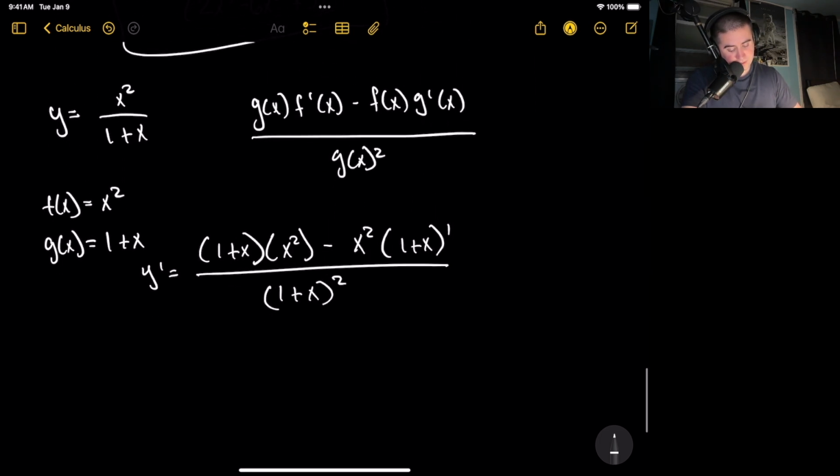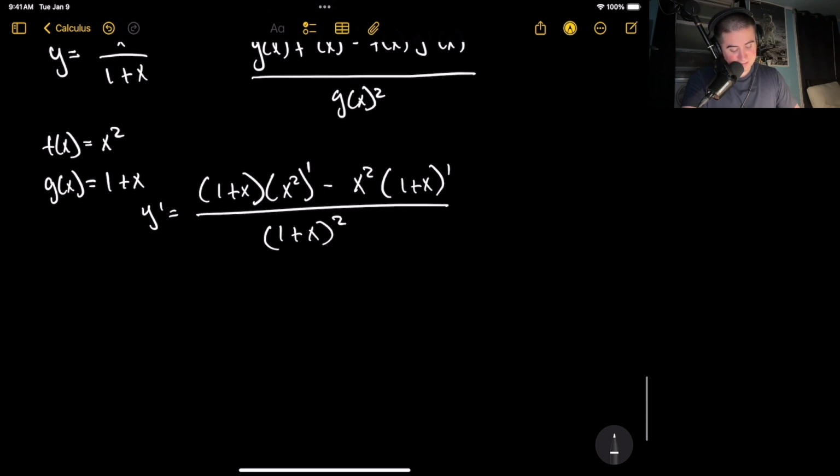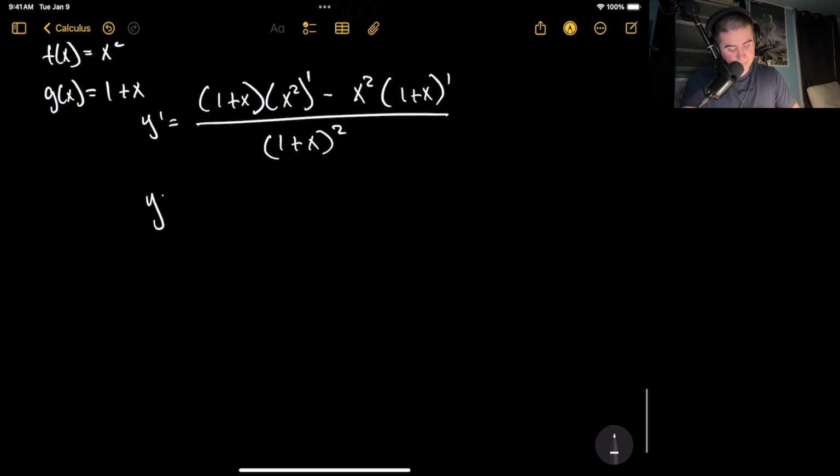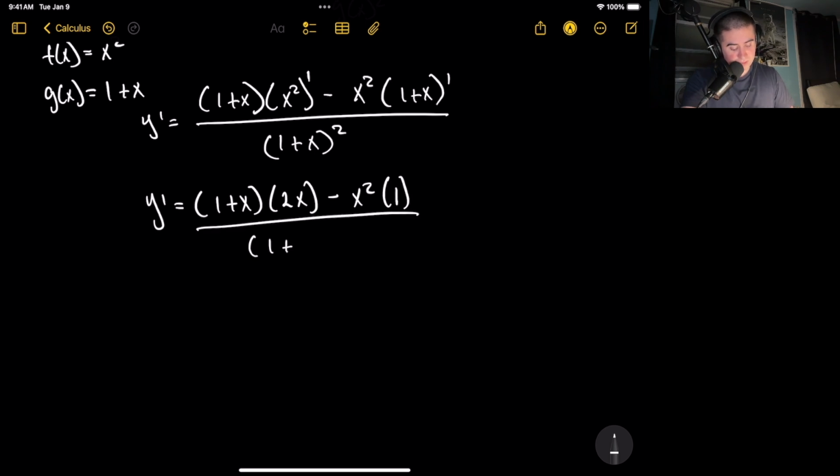And of course, as always, I always forget to prime the x squared or prime something, but there it is. So we're going to have y prime is equal to 1 plus x, and the derivative of x squared is 2x, minus x squared, and the derivative of 1 plus x is going to be just 1, and then over 1 plus x, squared on the outside there.